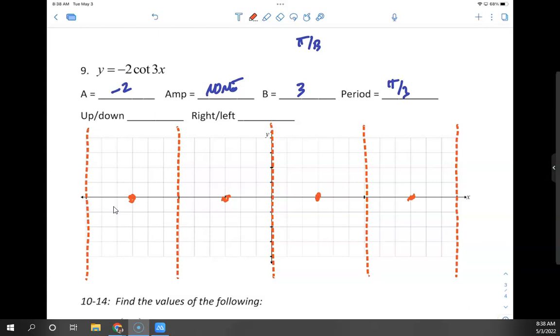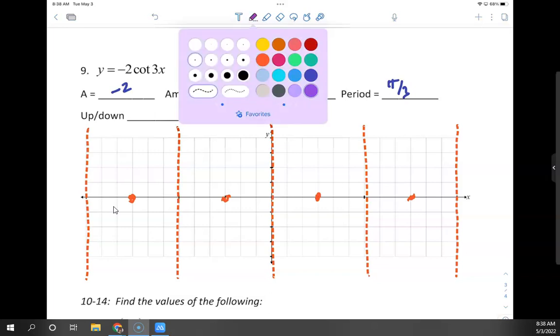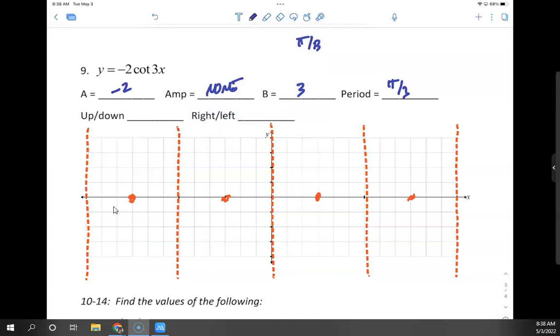All right? So now we got to label some stuff. The period is pi over 3, which is going to be the distance between here and here. So if that's at 0, what's the next asymptote at? Pi over 3, right? So if that's 0, that's pi over 3, that's 2 pi over 3.